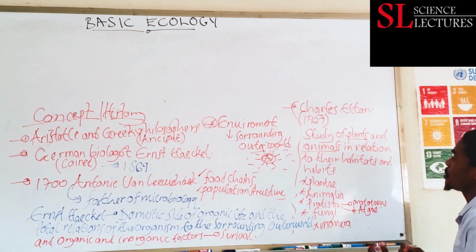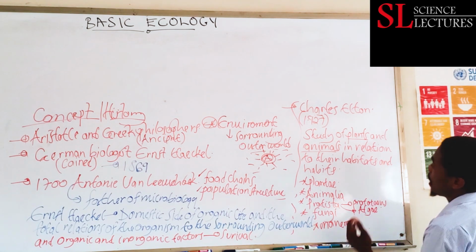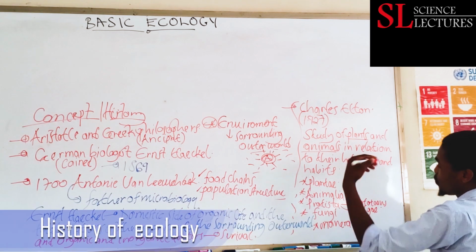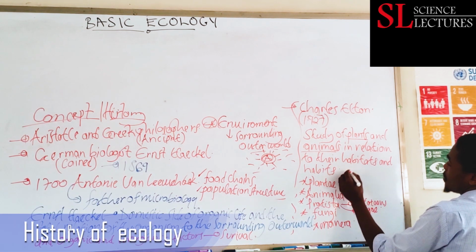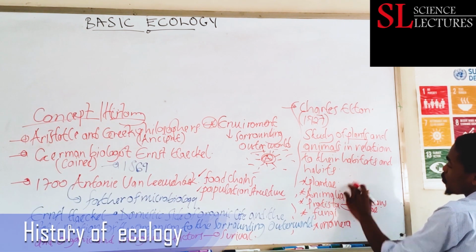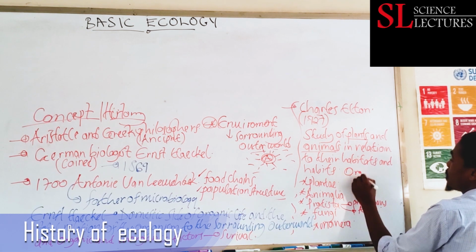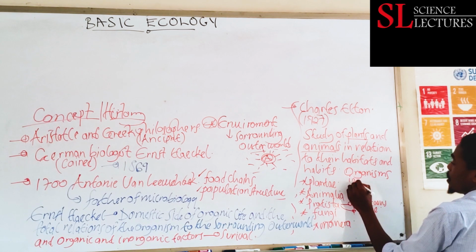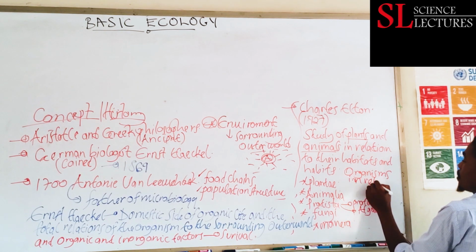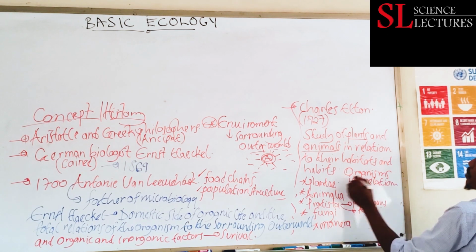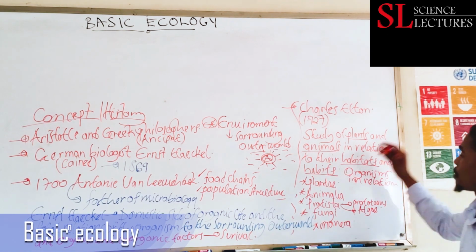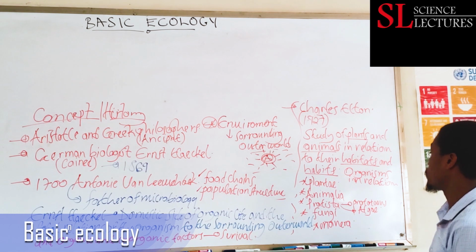That is why his definition can currently be rephrased as the scientific study of organisms in relation to their habitats and habits. So that's how we can modify his definition to reach what we would like it to be.